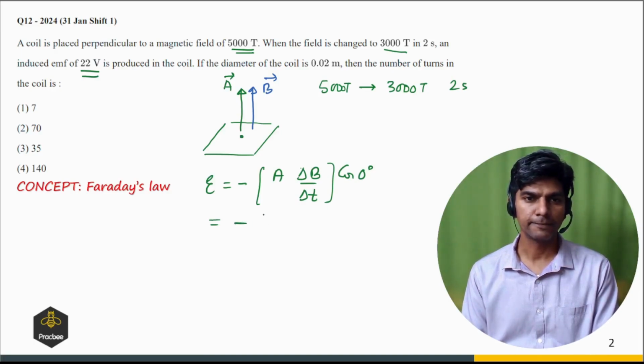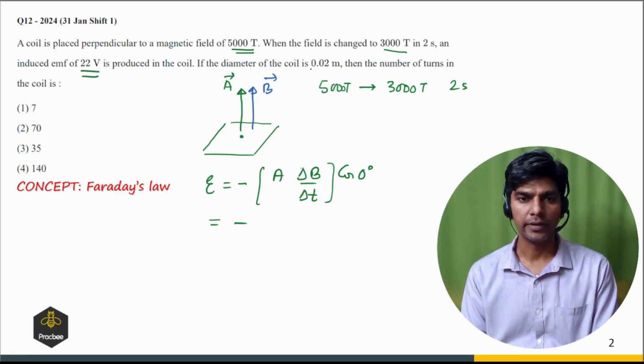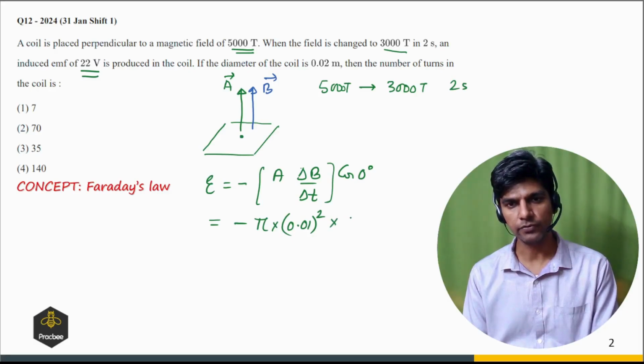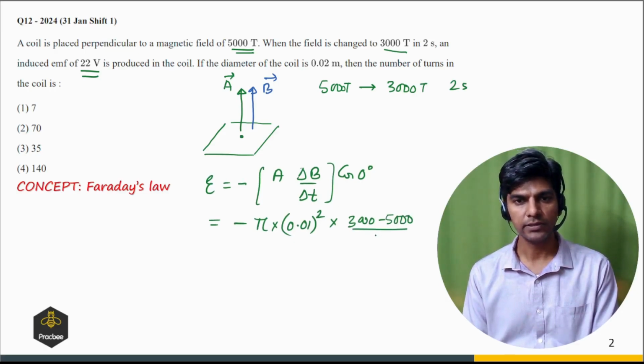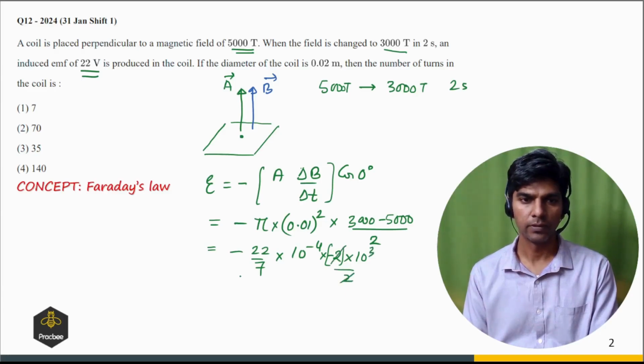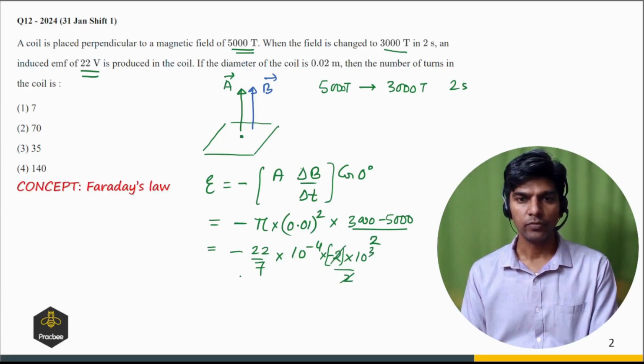Area is given as, diameter is given, so we can write this as pi times 0.01 square, so that is the area, and delta B will be 3000 minus 5000, and delta T is given as 2 seconds. Cos 0 is 1, so that will be minus 22 by 7 times 10 raised to power minus 4, and this will be 2 with a negative sign, 10 raised to power 3 by 2, right? And we have to find the number of turns.